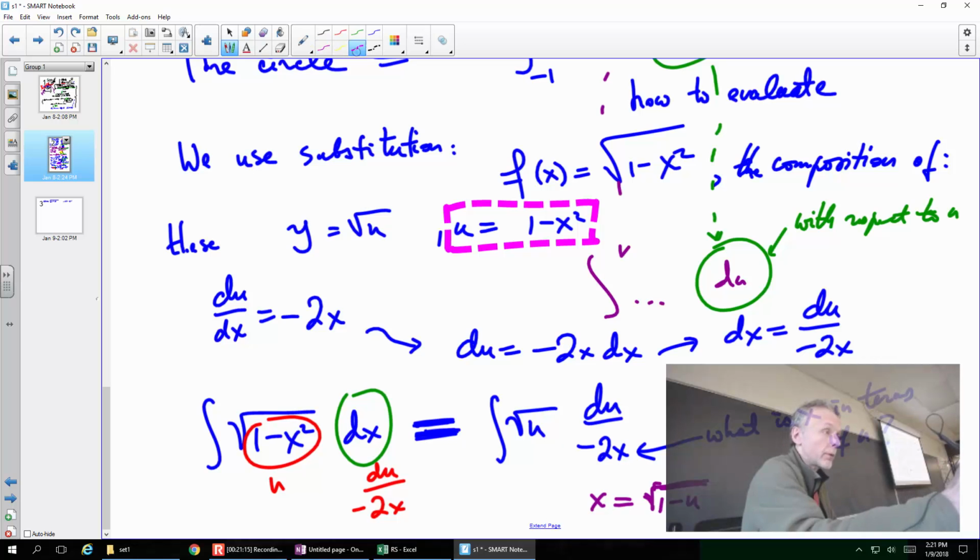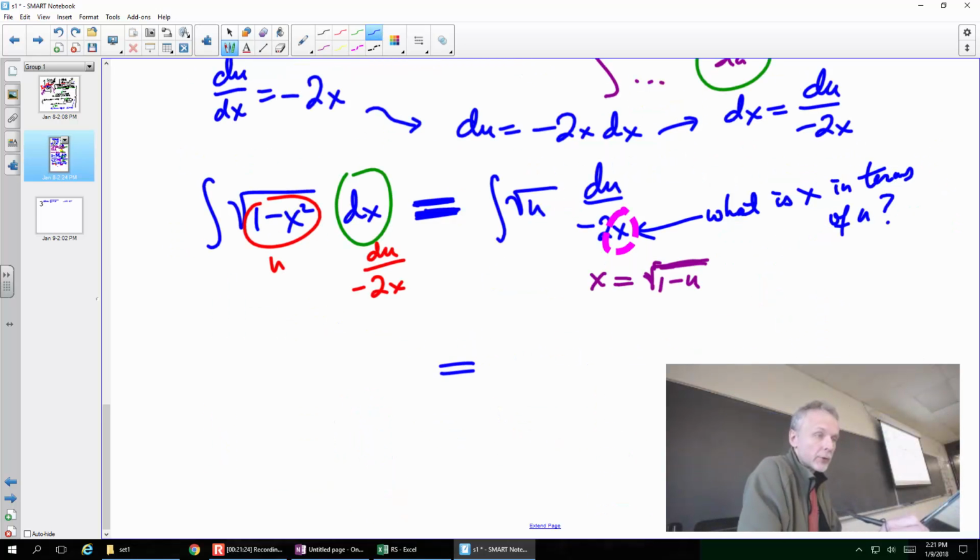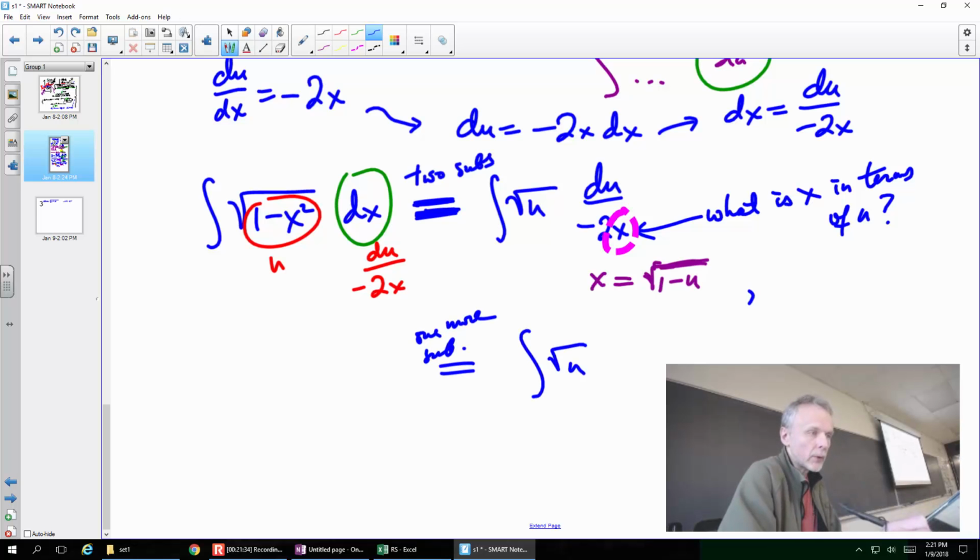So this was our concern over here, and now we know what to do. So here we did two substitutions, and one more substitution. So we have the integral of the square root of u du over negative 2, and here I have square root of 1 minus u.